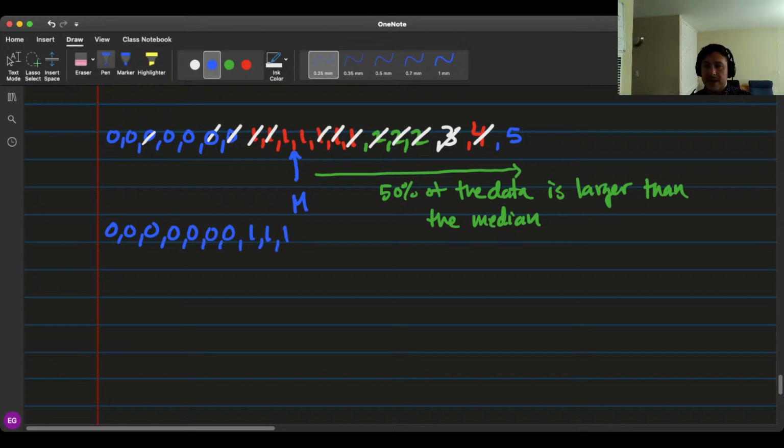Does everyone see how I just copied over the numbers that were less than the median? Let's find their median. I'm going to cross out the edges to the middle. Okay, so what is the median of the lower half?